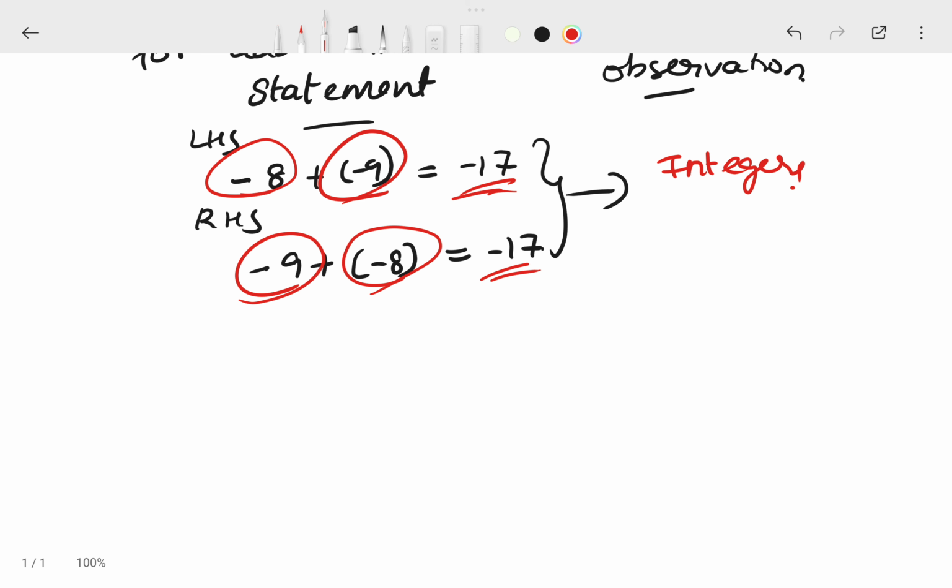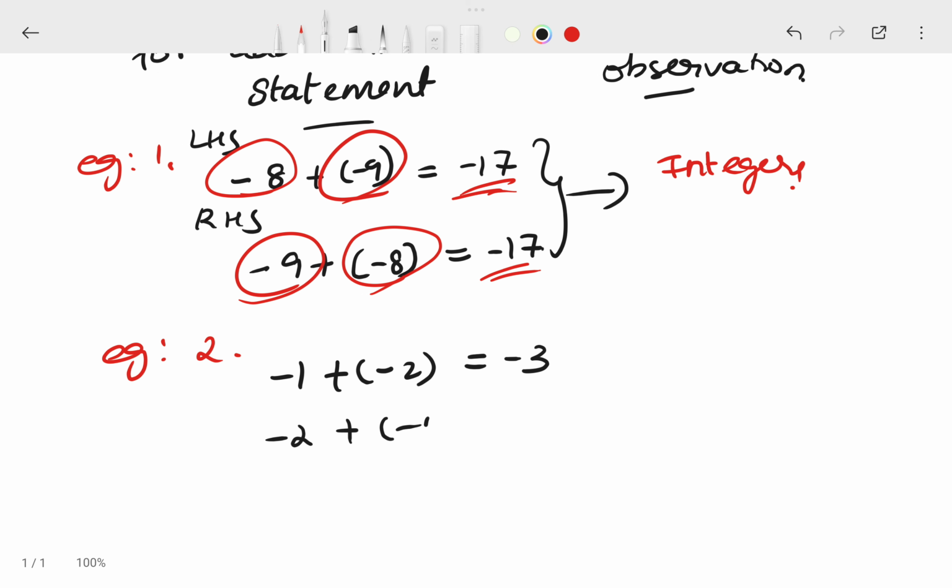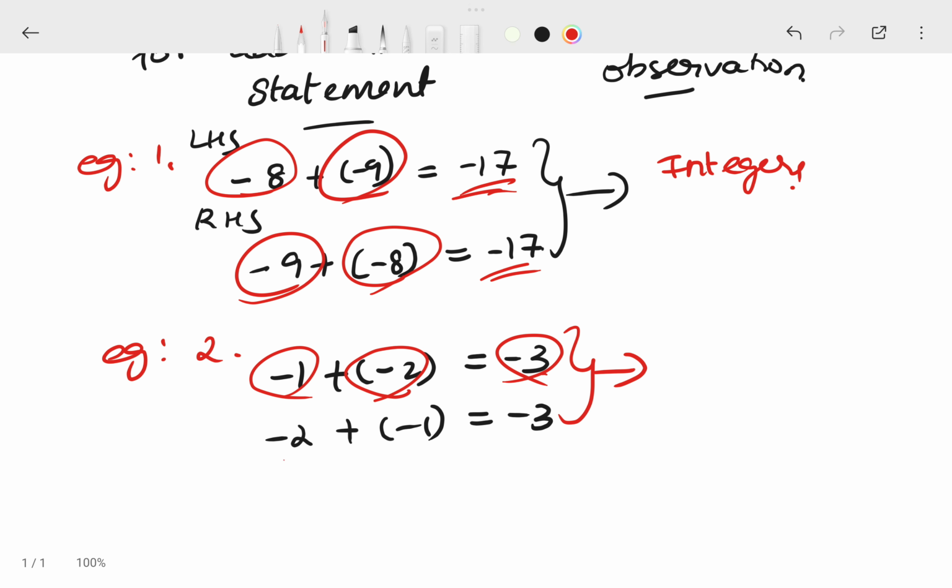We will write another example. -1 plus -2, which is -3. Again -2 plus -1, which is -3. Here, this is an integer, this is an integer, and this is also an integer, and these both are equal.